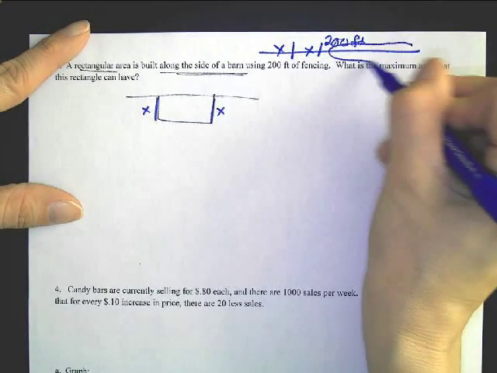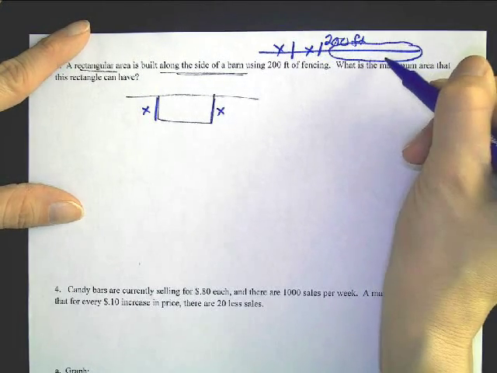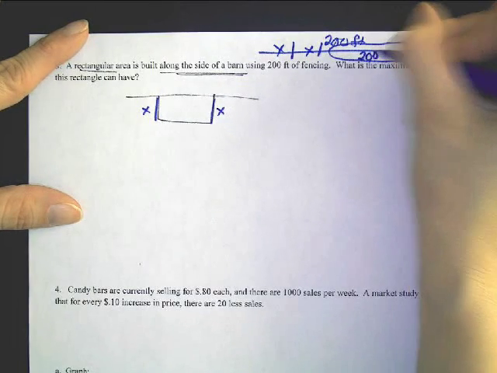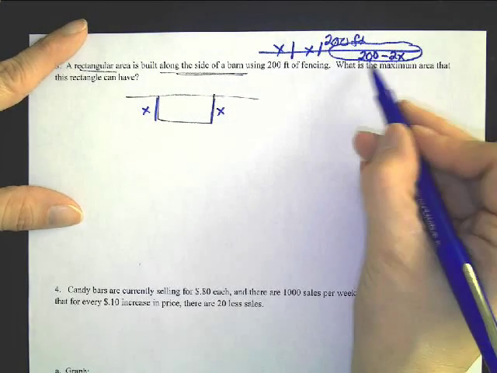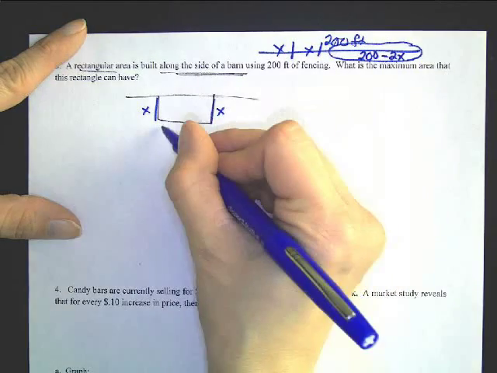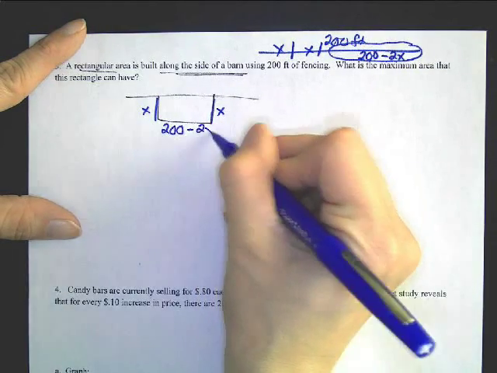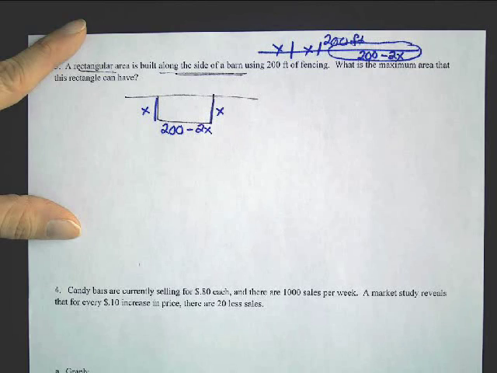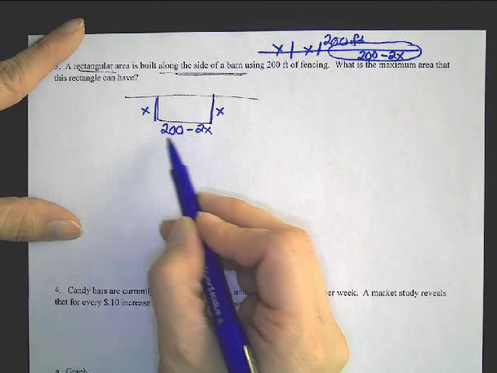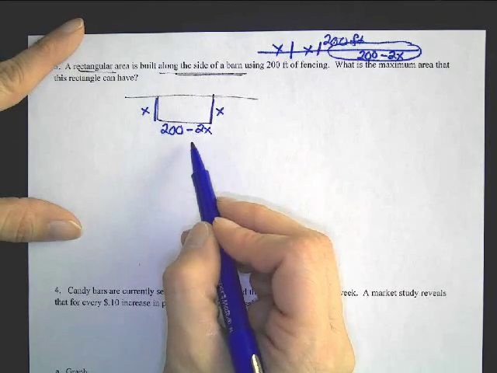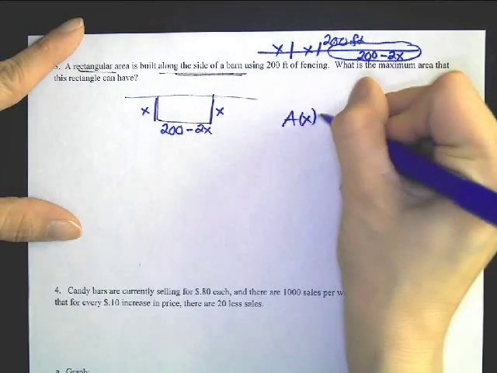So let's take the entire piece of fence that's left, which is 200 minus 2x. I don't need to cut that in half. I'm going to put that exactly on the bottom there of that rectangle. Okay? If it did have top and bottom, then it would be 100 minus x. All right, area, A of x.